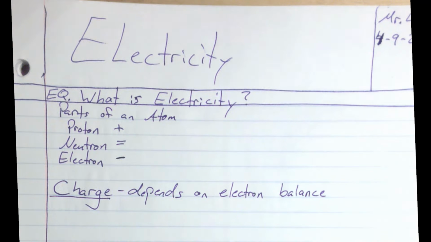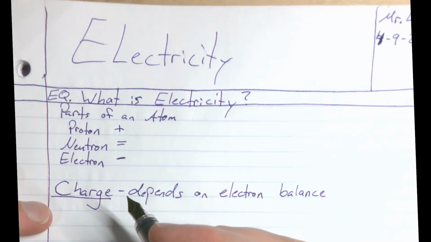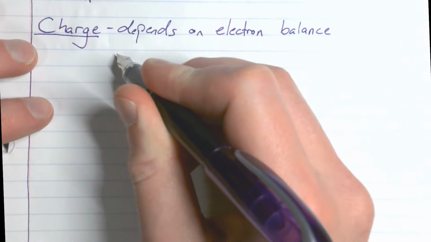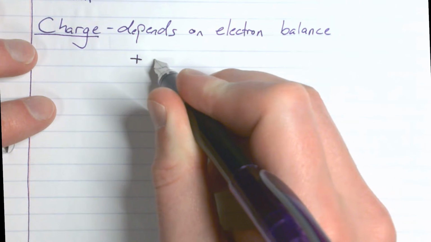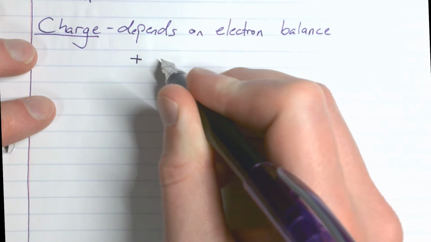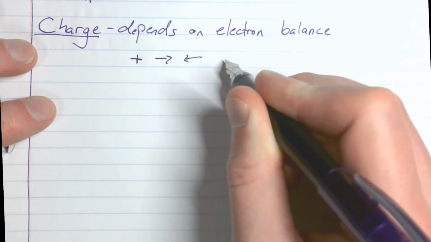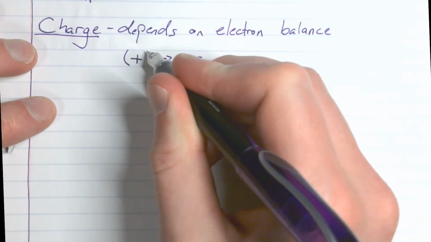So this one's pretty obvious, but how do I write this? It wants to go towards a negative. Do I need to put them in parentheses?